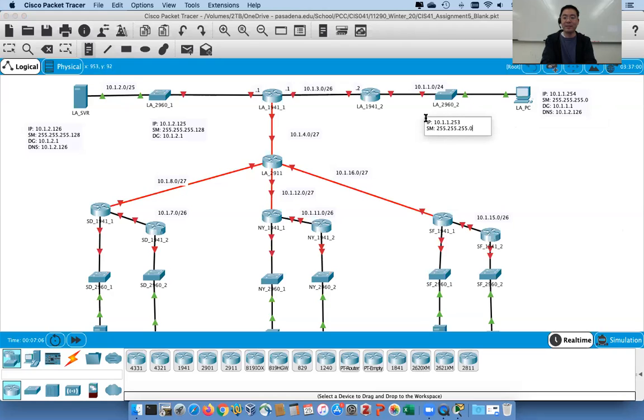Subnet mask is this, default gateway. Okay.